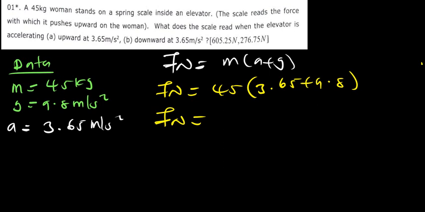Do 3.65 plus 9.8. 13.5 times 45. What answer are you getting? 3.65 plus 9.8, which is 13.545, then times 45.